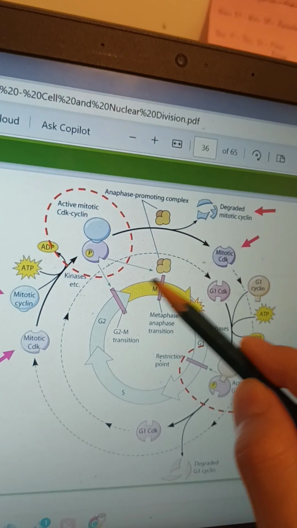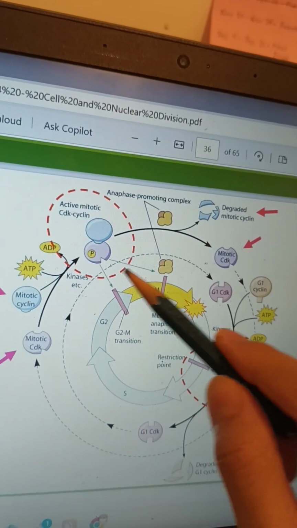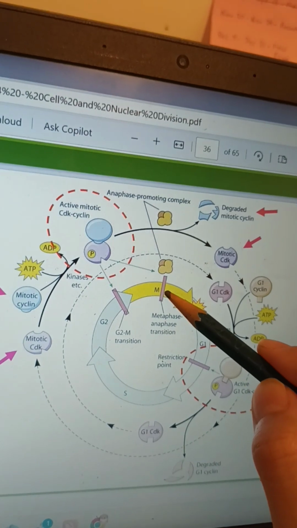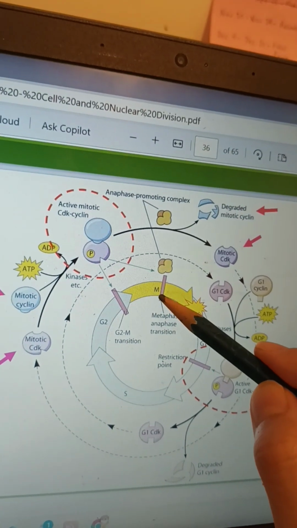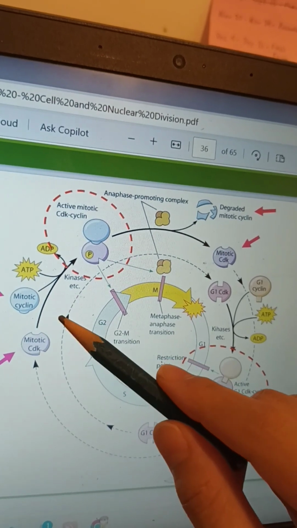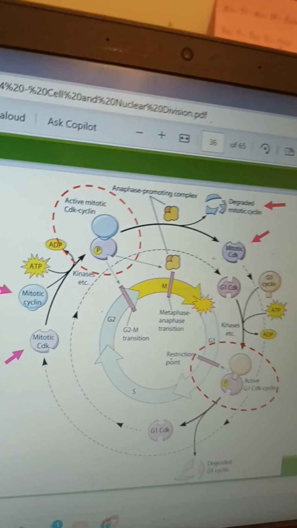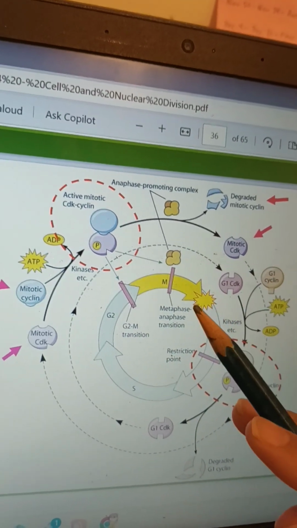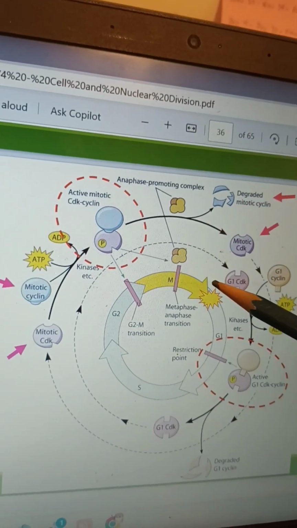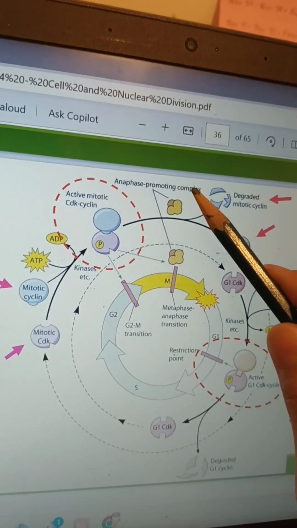Only during this period, this CDK and cyclin will stimulate the mitosis phase. Do you remember that this cyclin and CDK together is called the mitosis promoting factor, and the mitosis promoting factor only promotes the prophase and the metaphase? For the anaphase, particularly, we need the anaphase promoting factor.